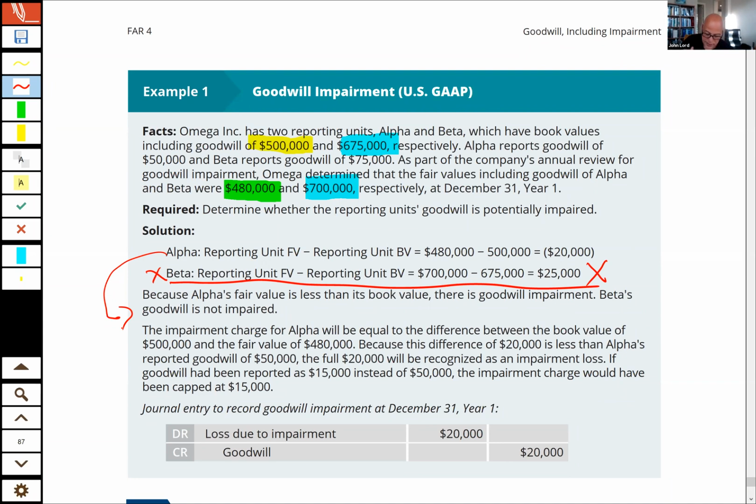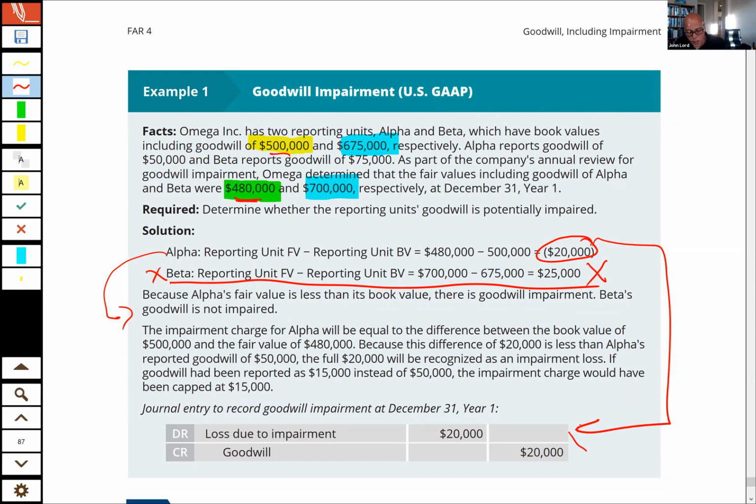So what happens? Well, I need to bring it down to that lower fair value, and the difference is 20. Okay, so what do I do? I attribute that entire 20 to the goodwill.